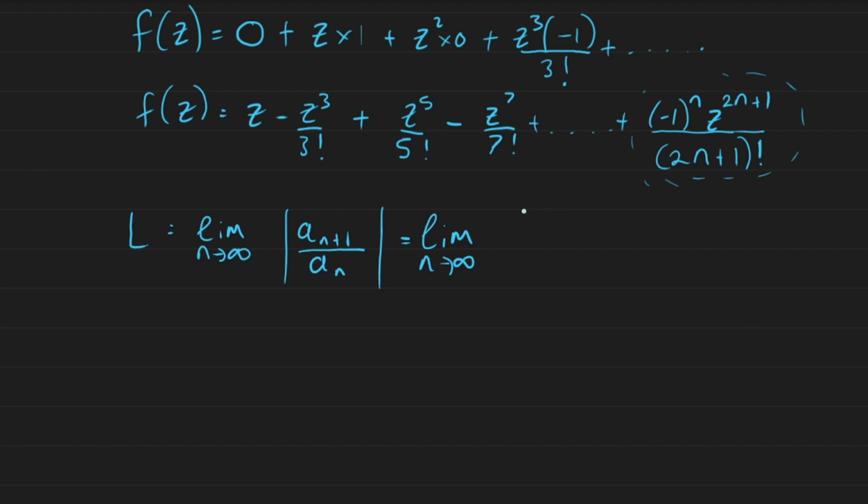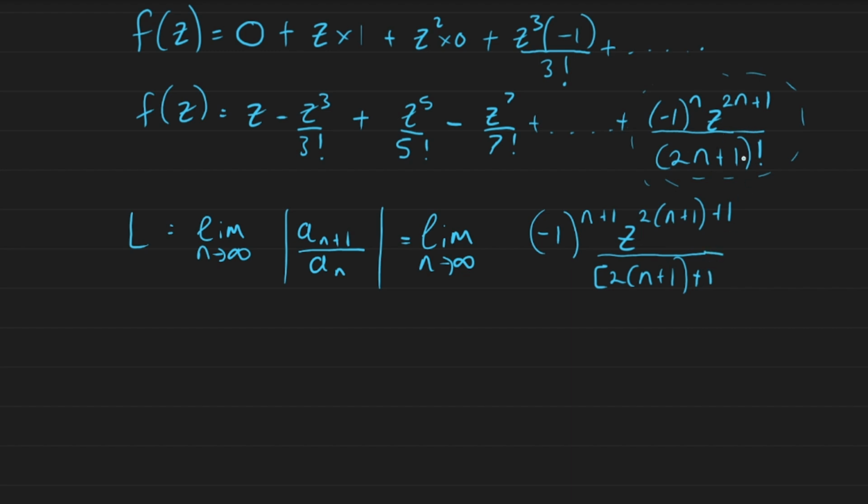So we have now (-1)^(n+1), then we have z^(2(n+1)+1), then 2n+1. So that will be 2 into (n+1), then plus 1, and then divided by (2(n+1)+1).